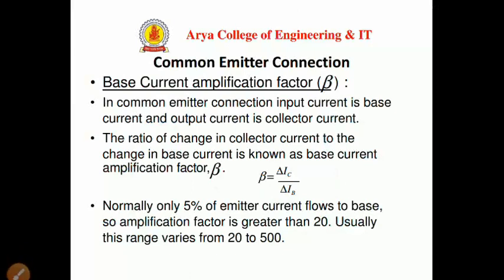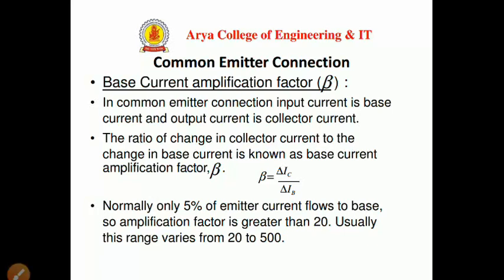So we have another current amplification factor, for the common emitter configuration. In common emitter configuration, the input current is the base current and the output current is the collector current. Clear? As we discussed earlier. The ratio of change in collector current to the change in base current is known as the base current amplification factor.